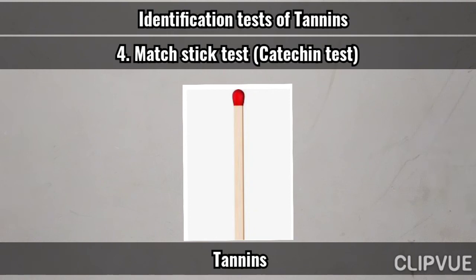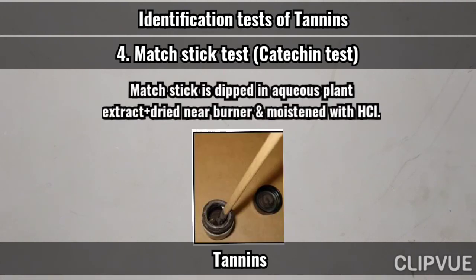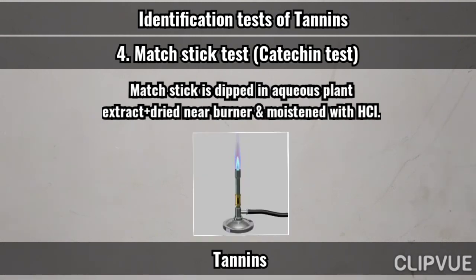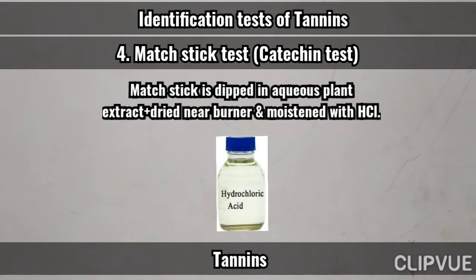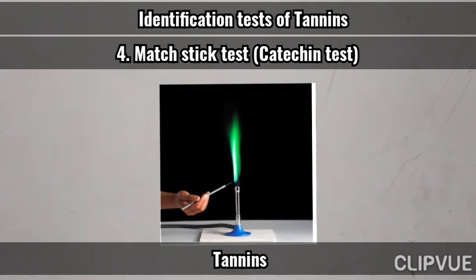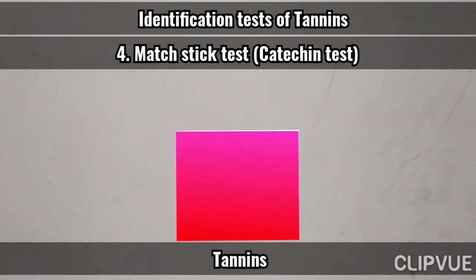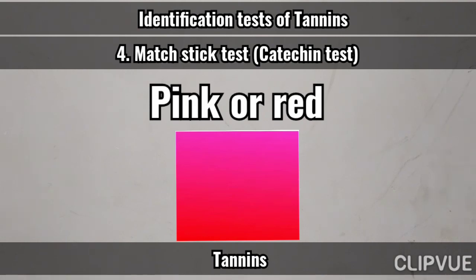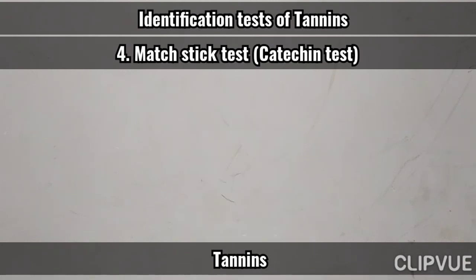It is also known as catechin test. A matchstick is dipped in aqueous plant extract, dried near a burner and moistened with HCl. On warming near a flame, the matchstick wood turns pink or red due to the formation of phloroglucinol.